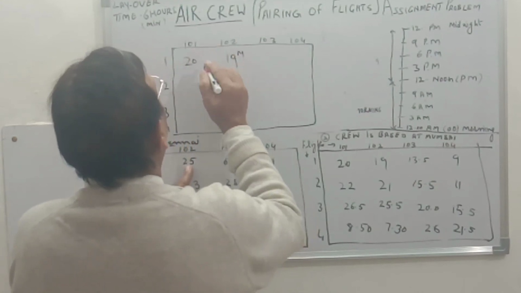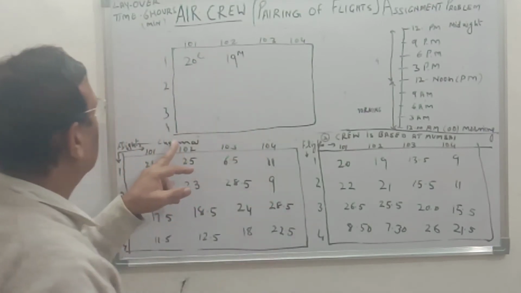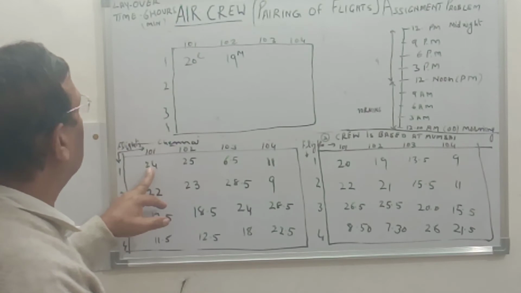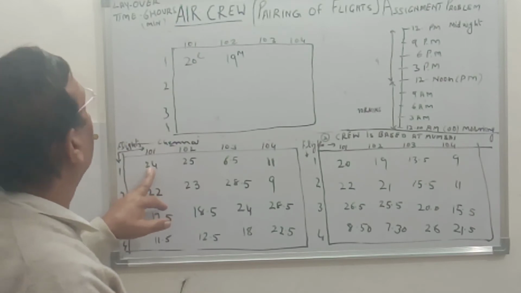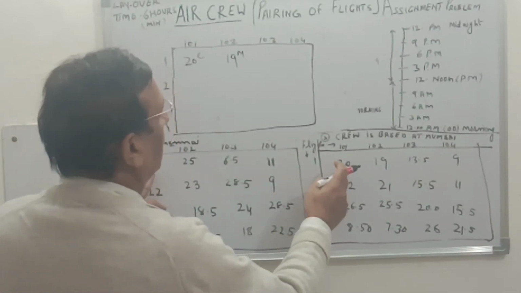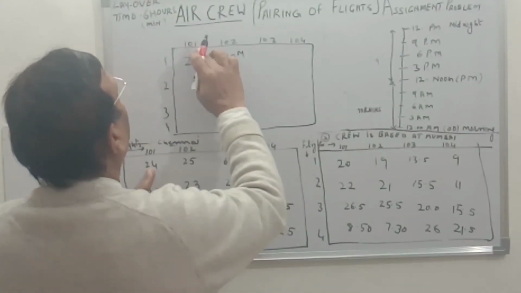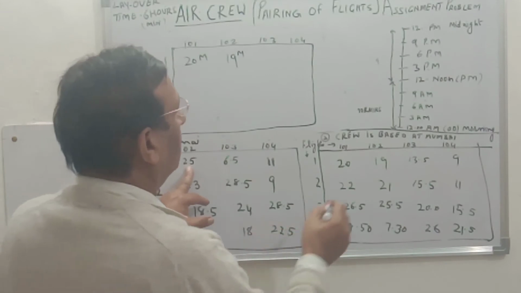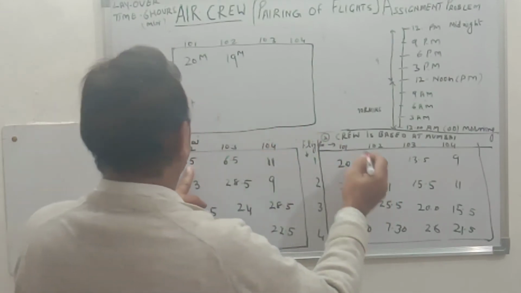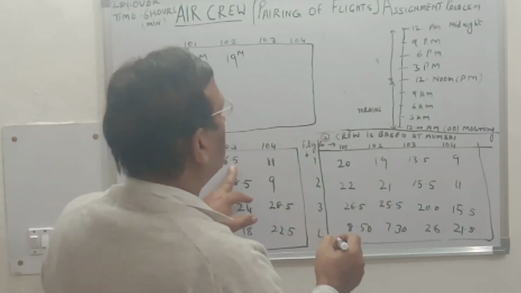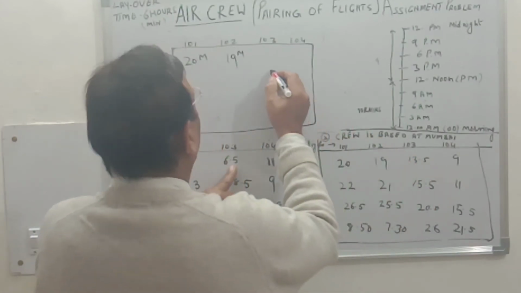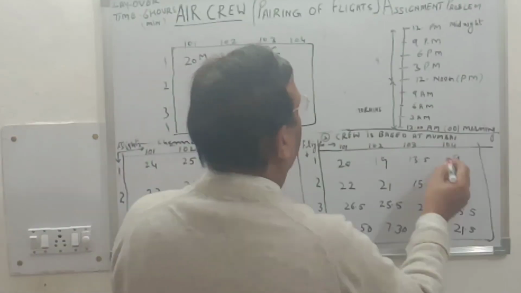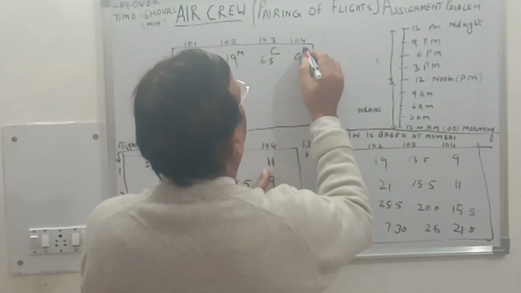Here it is Chennai. 24 in Chennai is more than 20 in Mumbai. And here it is 25 and 19, so it is 19 Mumbai. 6.5 and 13.5, so 6.5 in Chennai, and 11 and 9, 9 is in Mumbai.